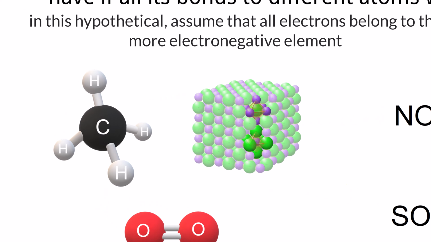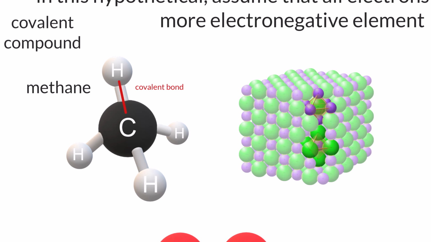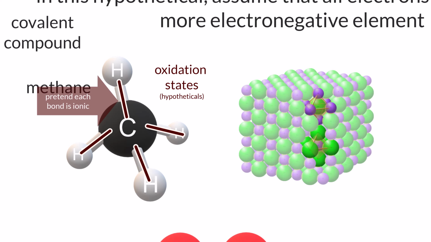So for example, if we have a molecule like methane, CH4, we know that this is a covalent compound, meaning its carbon and hydrogen atoms share electrons to form 4 strong covalent bonds. But when we look at the oxidation states of each element here, we are going to pretend that hypothetically, each bond is actually ionic and the electrons are completely transferred, which would form complete charges.